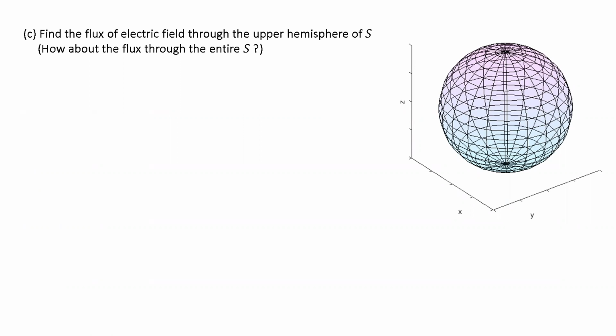To find the flux through the upper half of this sphere, we are considering this part of the surface. So the n d sigma that we take in this case, of course, is this one.